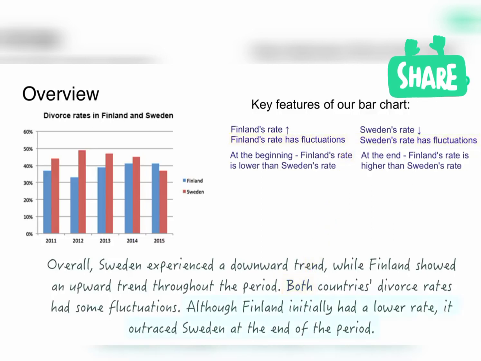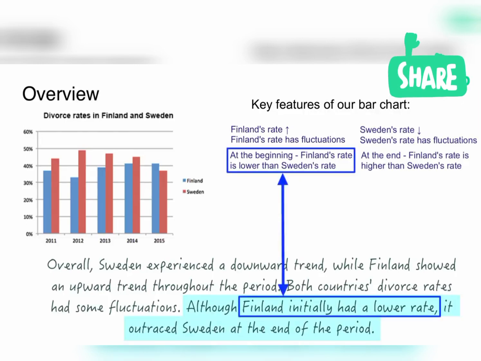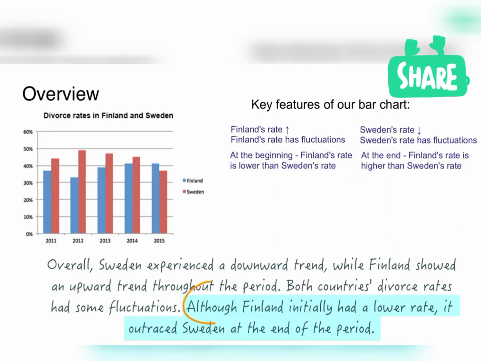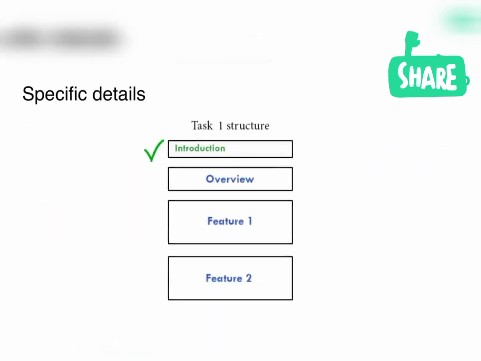And finally, I compare rates of Finland and Sweden throughout the period. Since initially Finland's rate was lower than Sweden's rate, but then it changed, I used the linking word although. Although Finland initially had a lower rate, it outraced Sweden at the end of the period. And that's our general overview paragraph.